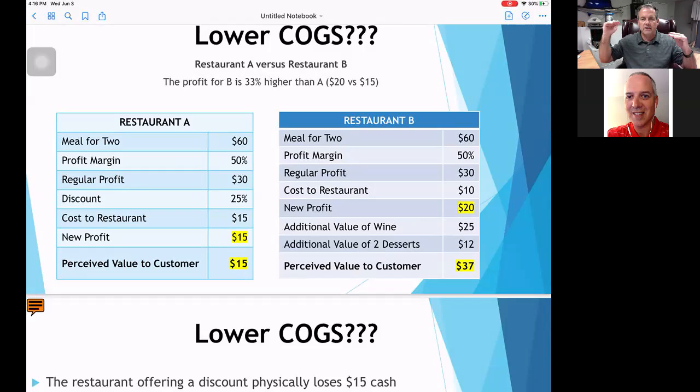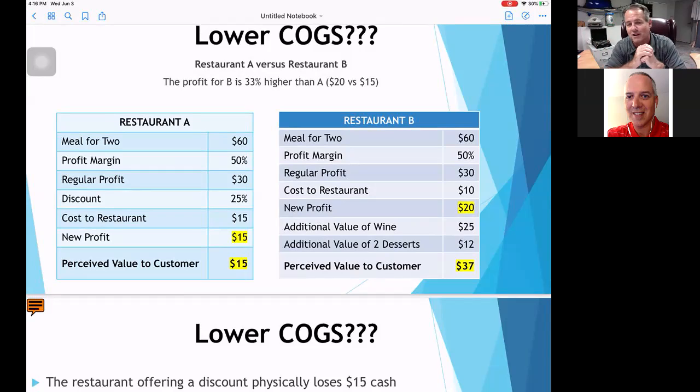By just adding in the higher perceived value to the end user, restaurant B makes 33% more profit. And the perceived value to the end user, in this case the husband and wife eating in the restaurant, is so much higher.